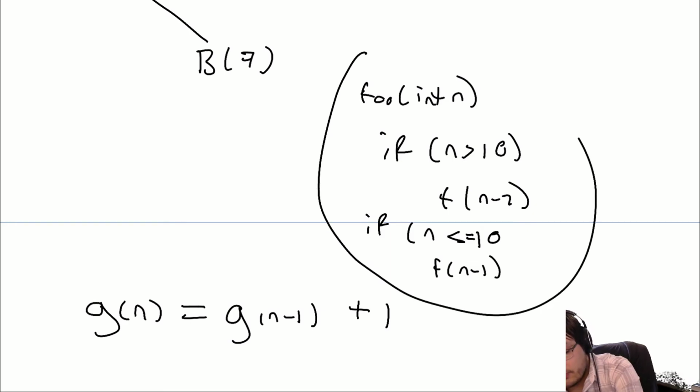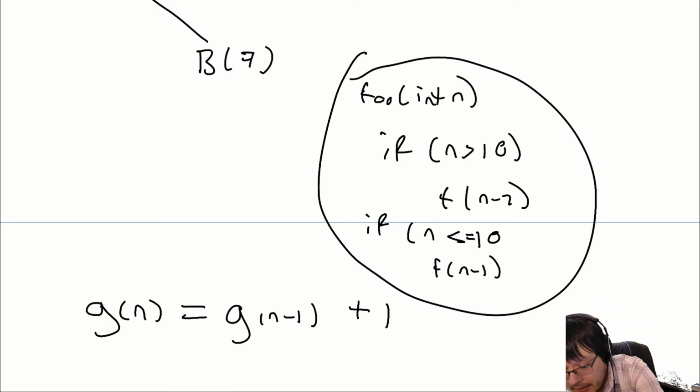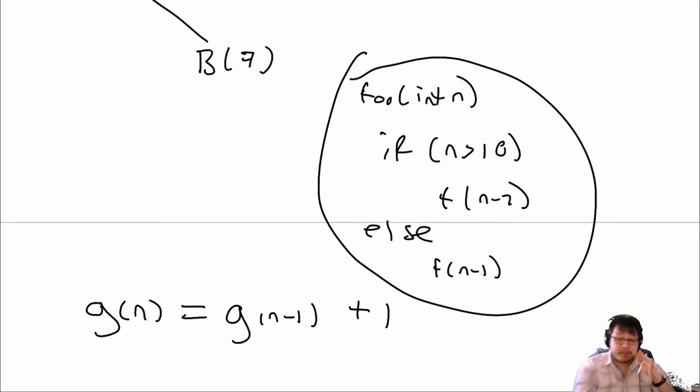Actually, I overcomplicated that. I could just do else here. And that is not a binary tree, because it's going to run 1 recursive call or the other one. In this scenario, one child, so unary tree, okay?